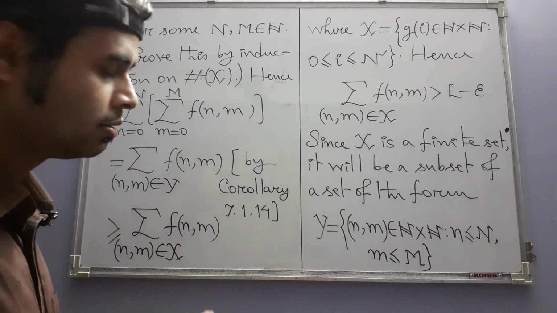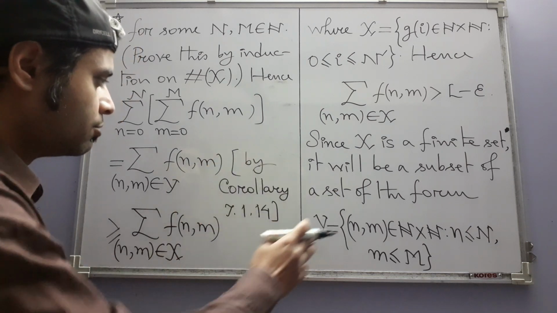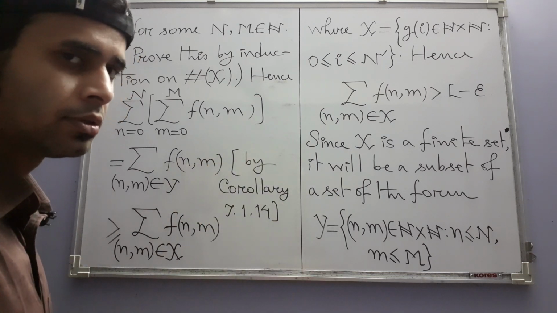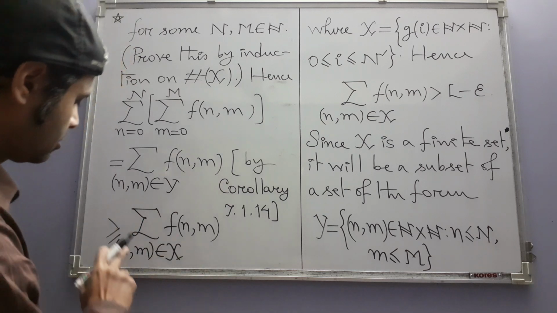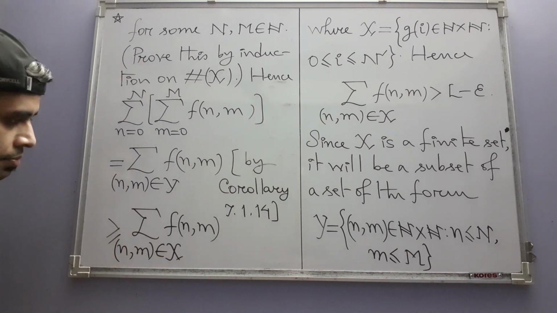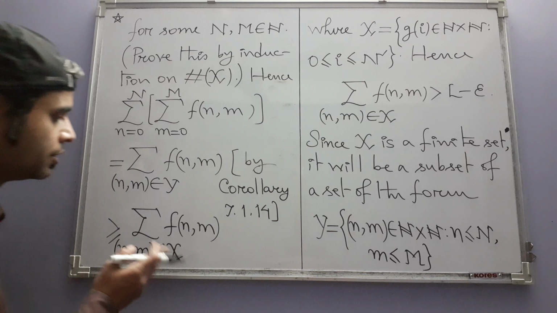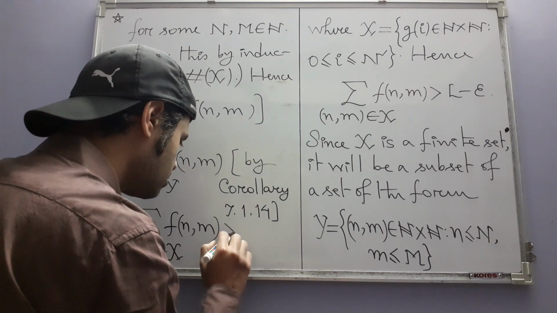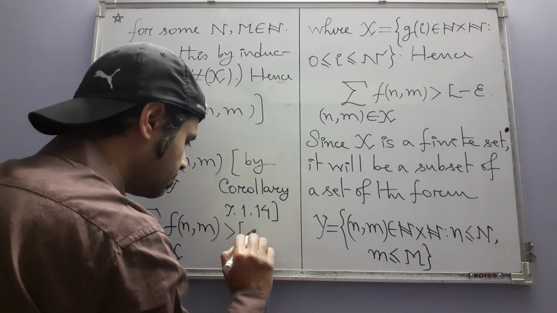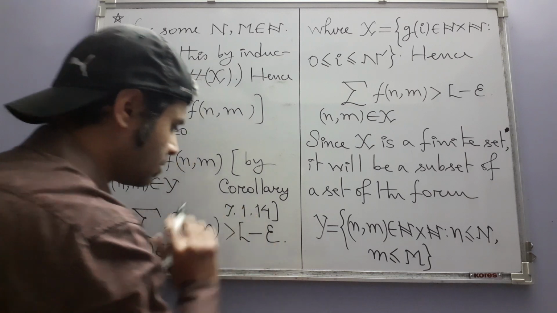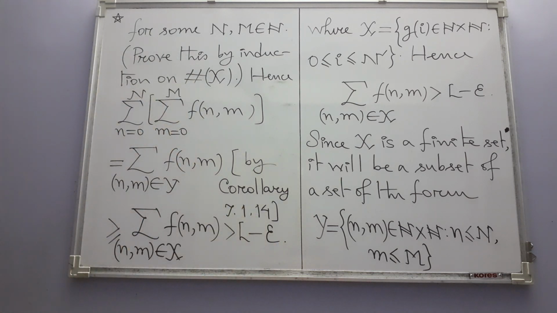But even then, those extra values may actually be 0, or they may be positive. That's why we have this inequality. And already this thing is strictly greater than L minus epsilon. Okay.